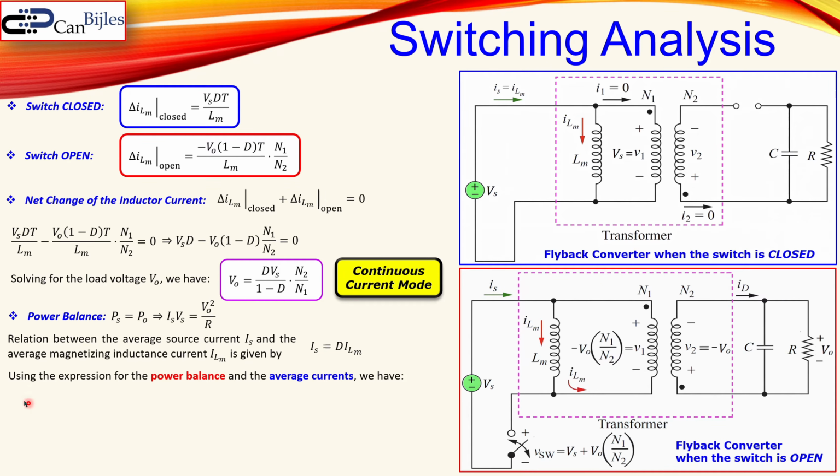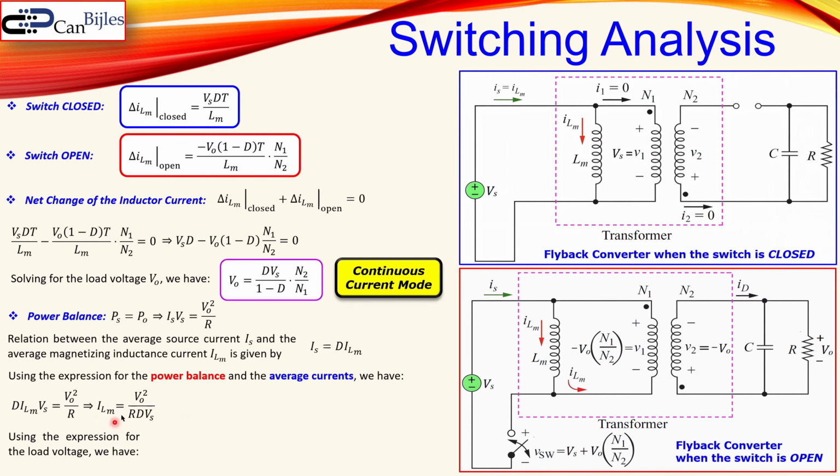So if I now use my power balance and the average current expression, we have this expression. You can replace this IS by D times ILM. And that's shown here. And now the average inductance current for this magnetizing part is given by this.